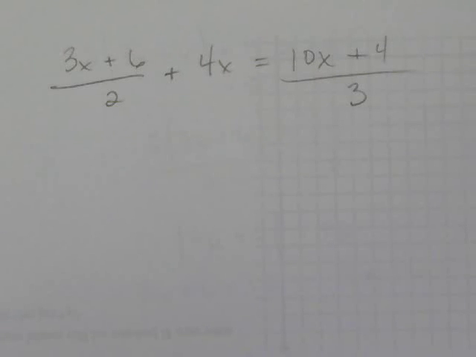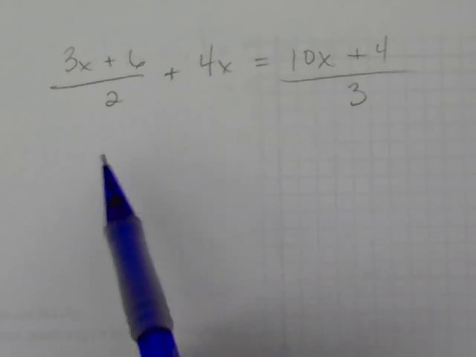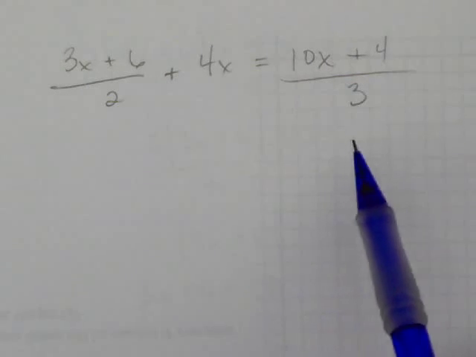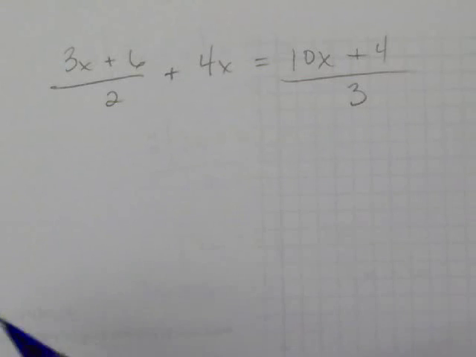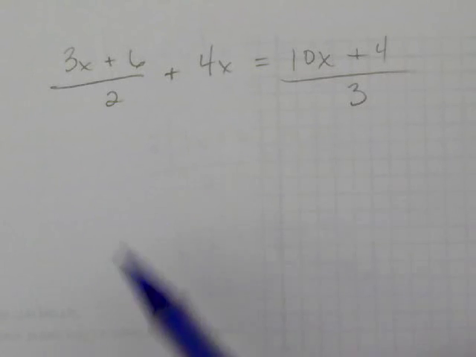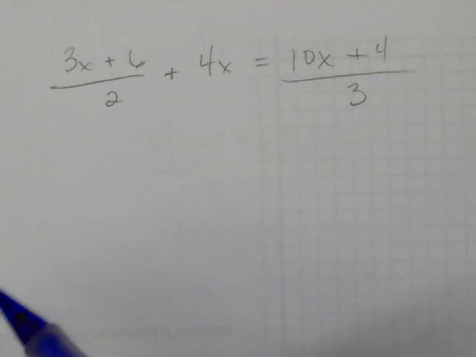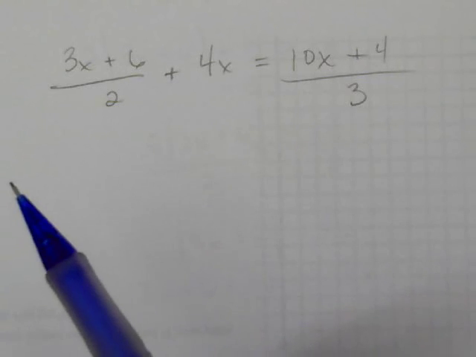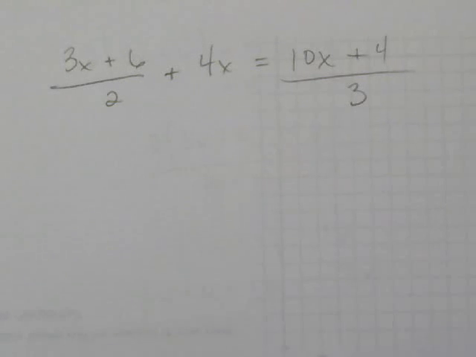How do I get rid of that? What's one way? Multiplying by what? So I have 2 different denominators, so I can multiply by 2 and then multiply by 3 to get rid of all of them, or I can multiply everything by what?